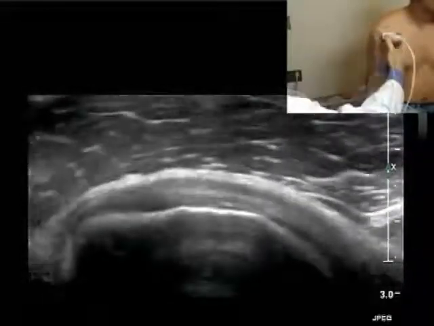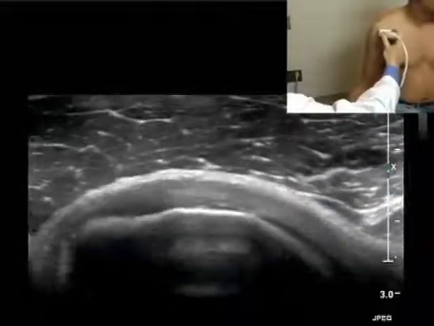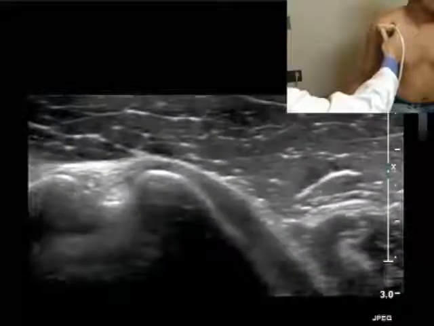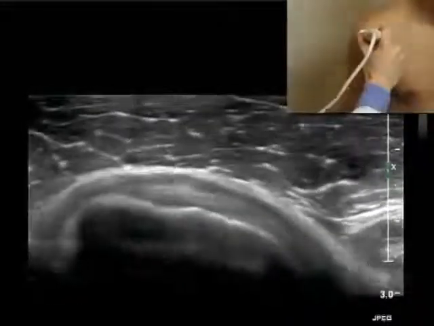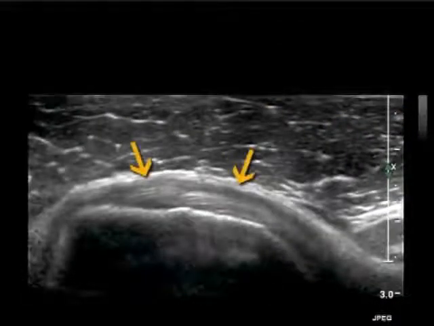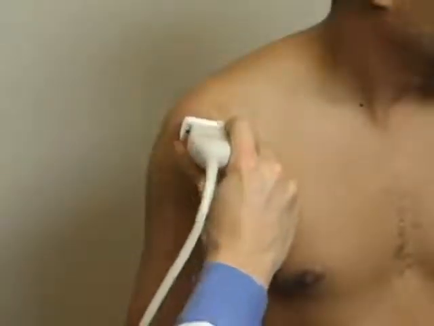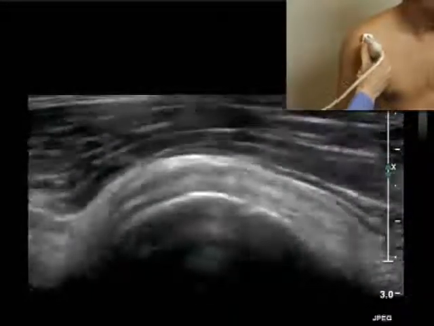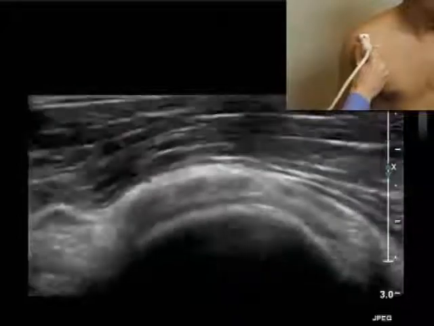This maneuver stretches the subscapularis tendon so that it is perpendicular to the ultrasound beam, eliminating anisotropy. The normal subscapularis tendon is now seen in long axis as hyperechoic and fibrillar. With the shoulder still in external rotation, the transducer is rotated 90 degrees to then evaluate the subscapularis tendon in short axis.